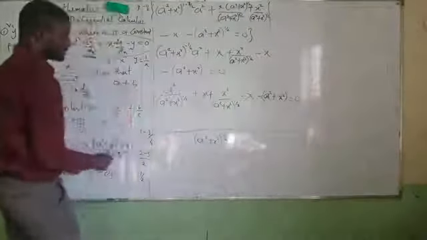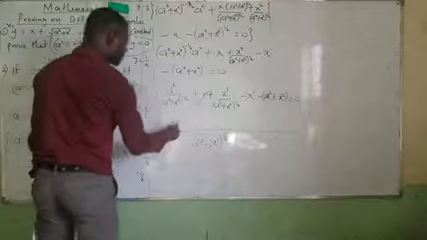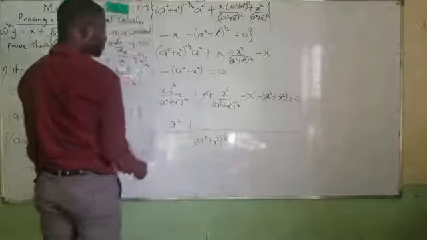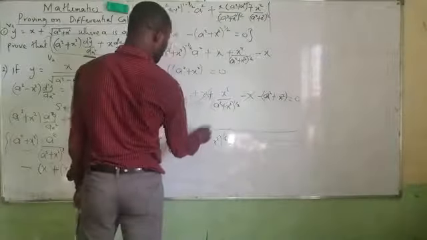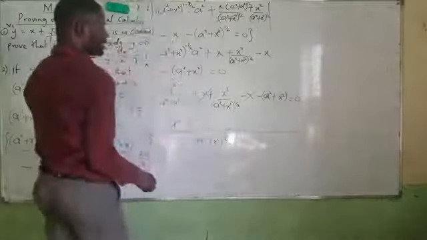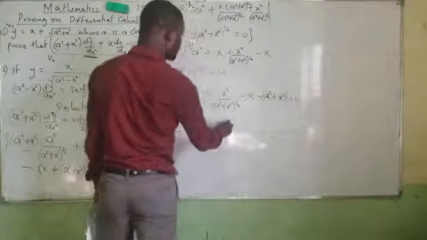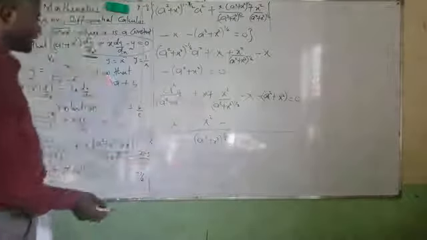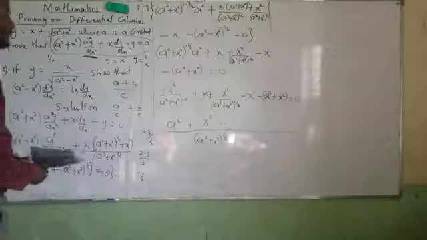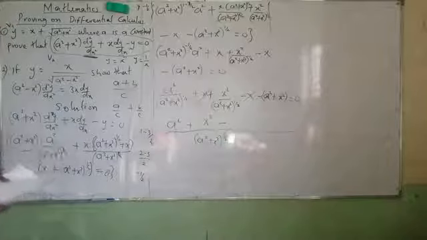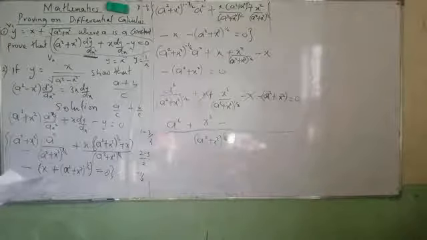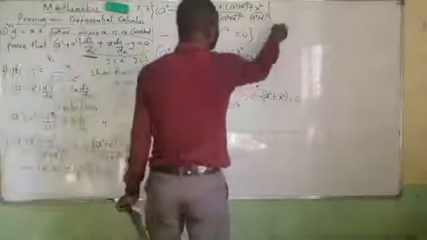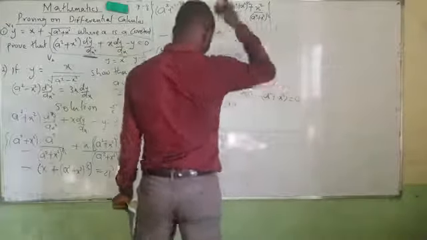Now look at this. In this we have a squared plus x squared. Now here will be minus. When you have something like this, it will be okay. Hope I'm not making any mistake. I'm having 1 minus 1 all over 2, which is going to be what?